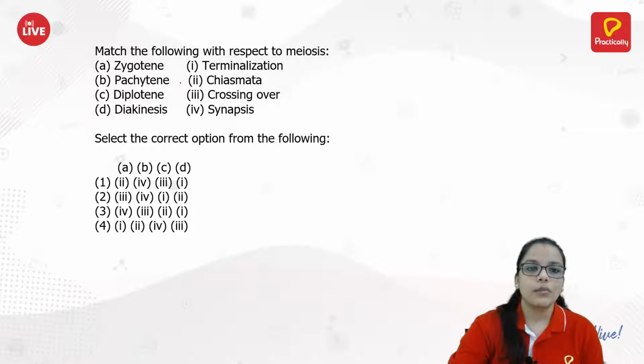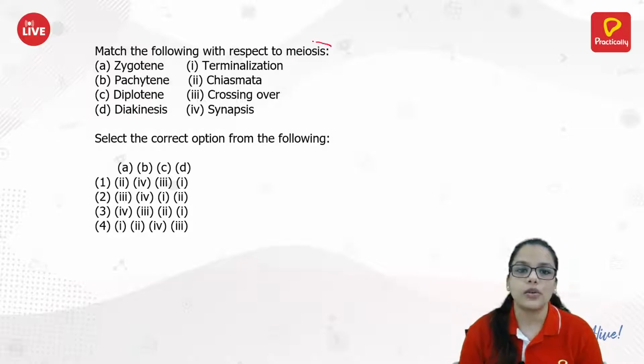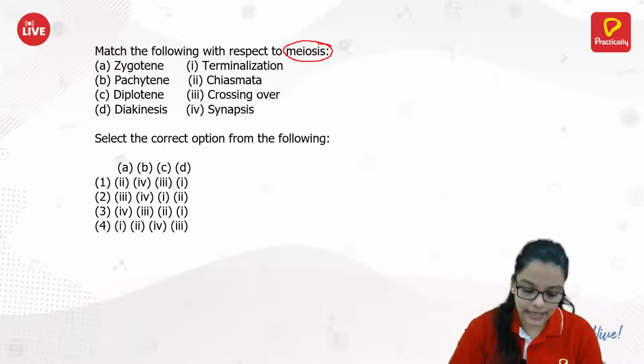Okay, so match the following with respect to meiosis. Now we are talking about meiosis. In A we have zygotene, pachytene, diplotene and diakinesis, and these are the functions: terminalization, chiasmata, crossing over and synapsis. So we'll try to match.